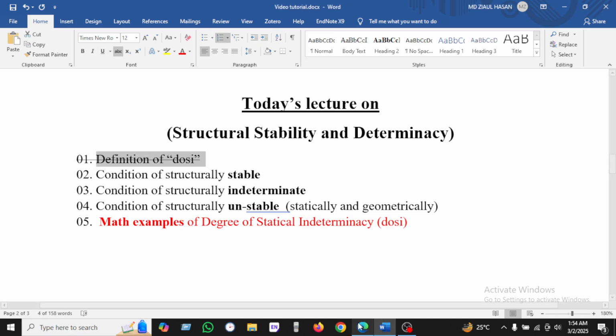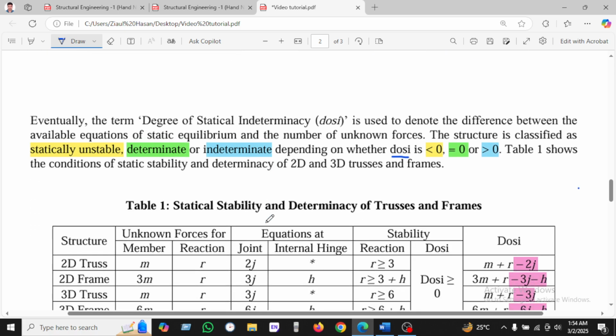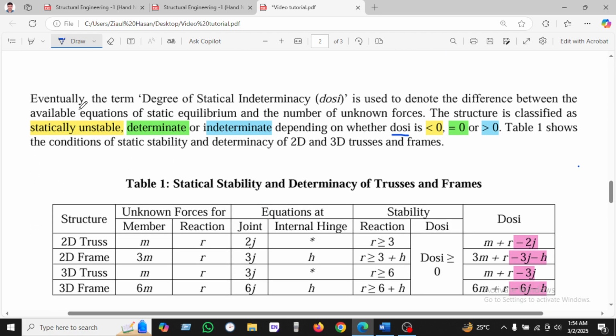So let's see another example here. The term degree of statical indeterminacy is used to denote the difference between the available equations of statical equilibrium, as I have already mentioned, summation of Fx, Fy, and summation of moment, and the number of unknown forces.